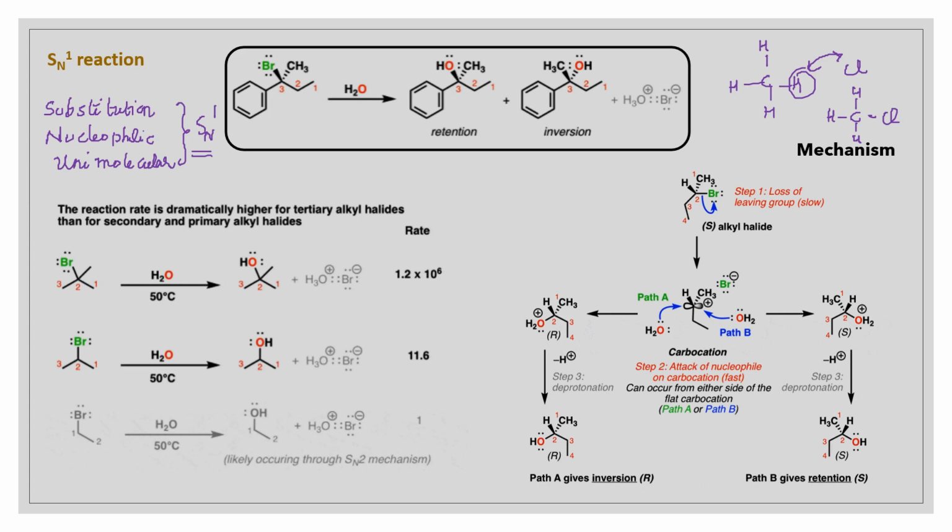Now you can substitute the atom which is already present with some other group. Say in the general case, if you consider it as X instead of halogen, depending upon the nature of X, you can have different types of substitution reactions.